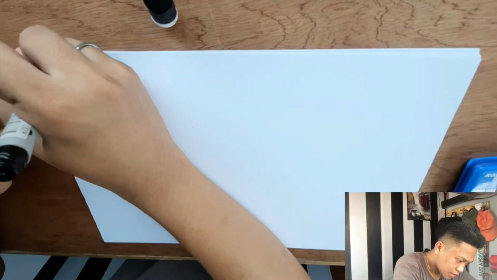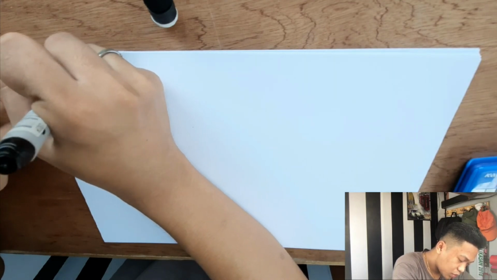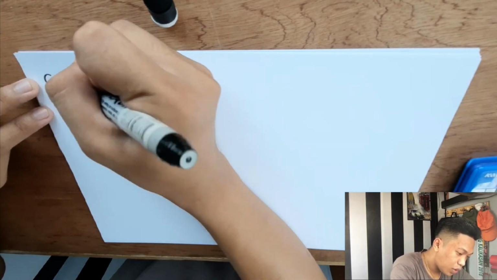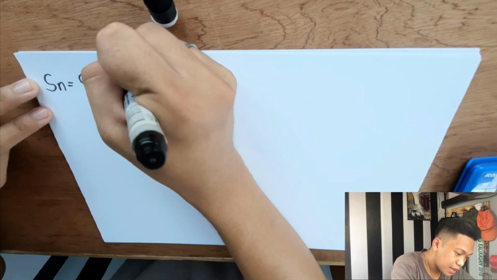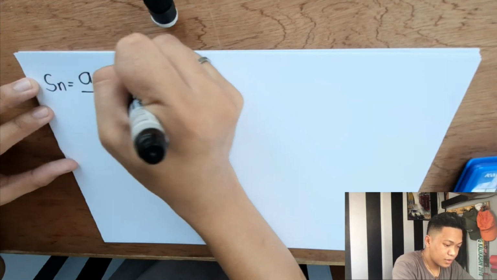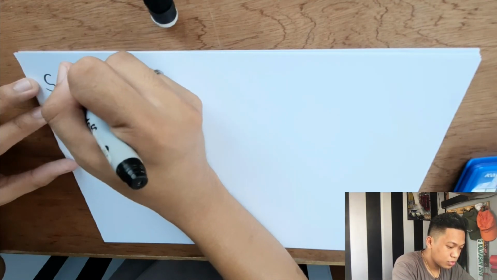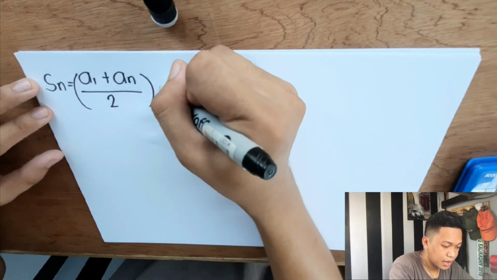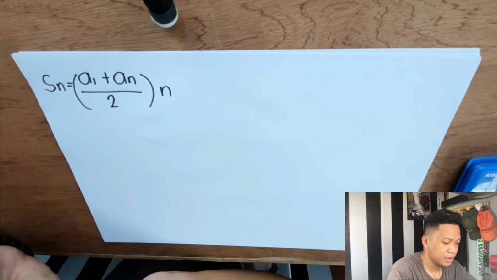And the second way in finding the sum of the 160 counting numbers is by using the formula Sn equals A1 plus An divided by 2 times n. Yan.